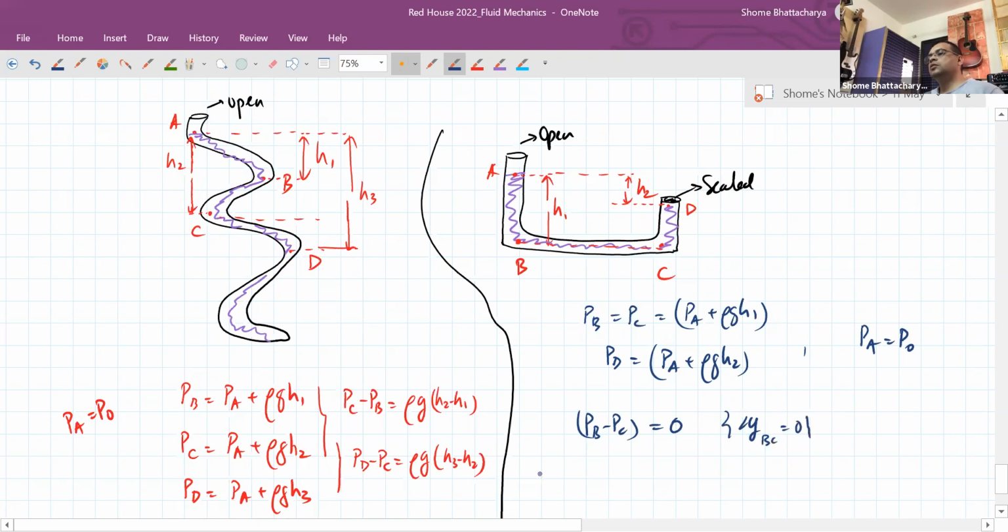And therefore, again, when we compare these two, the pressure difference between B and C will be 0 because this is 0. But the pressure difference between B and D, or between C and D, will be rho g (H1 minus H2).